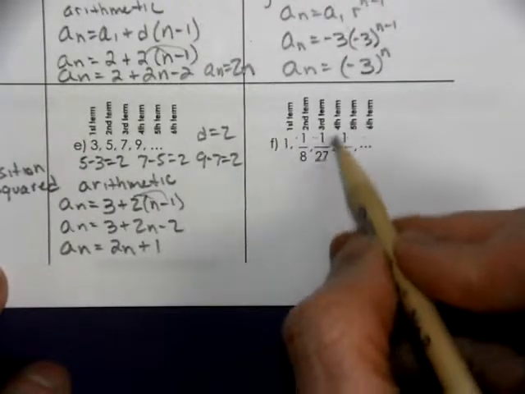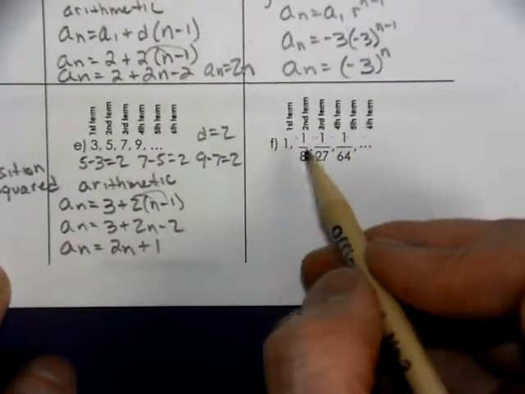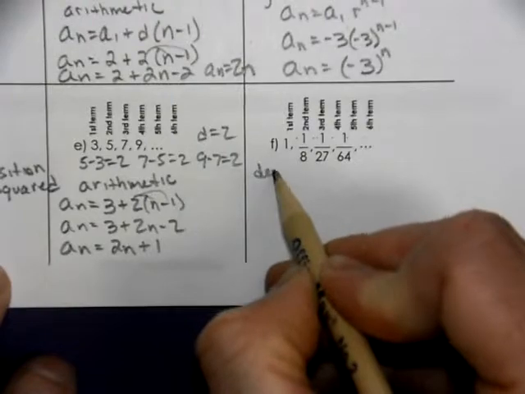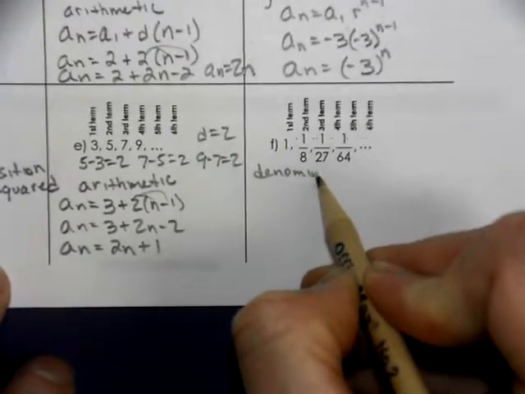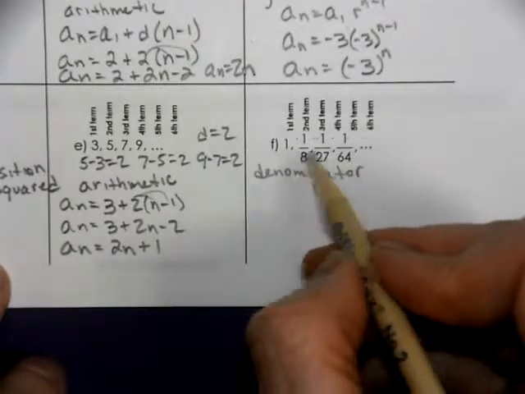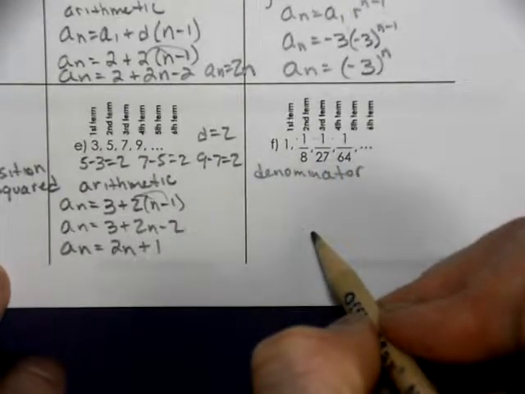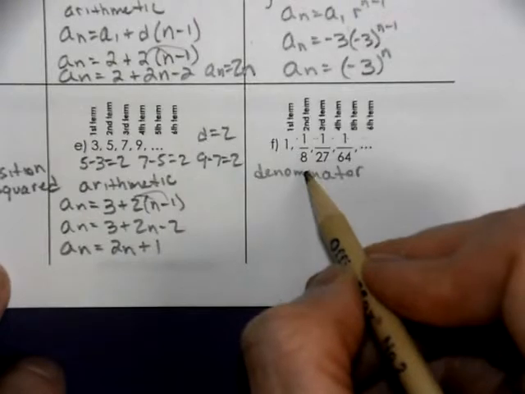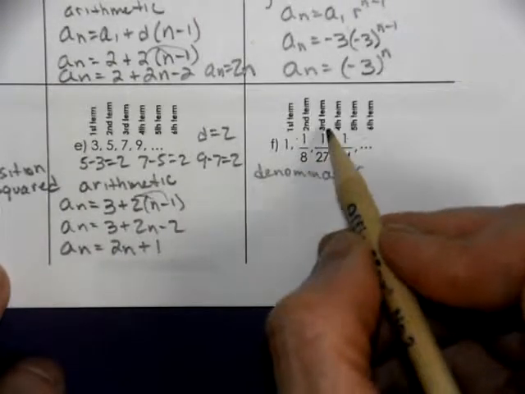First term, second term, third, and fourth. Notice how the denominator is changing every time, but the numerator is staying the same. The denominator is the position cubed.